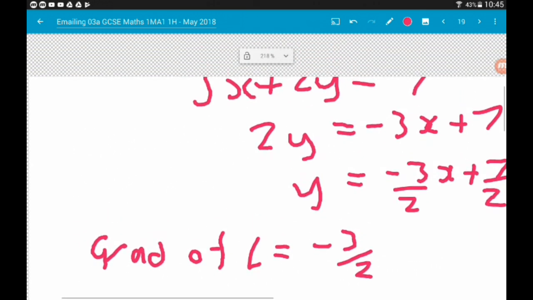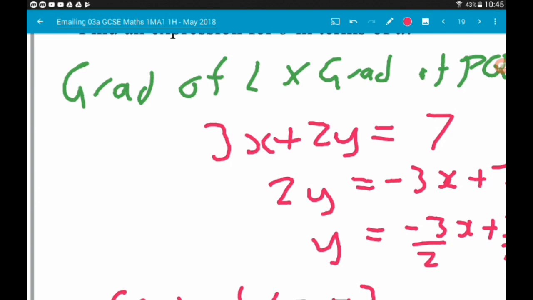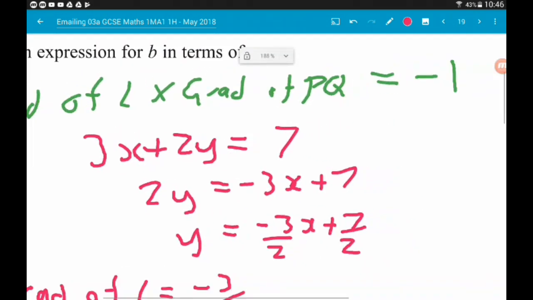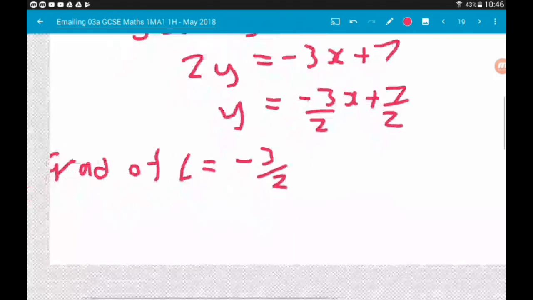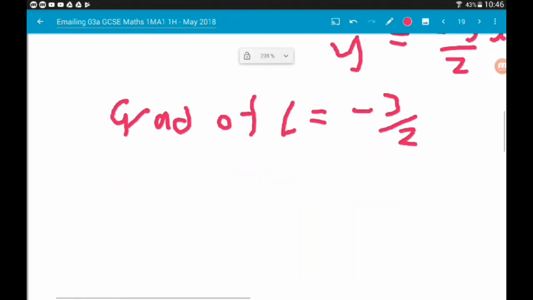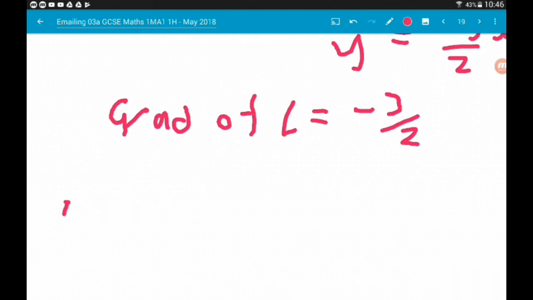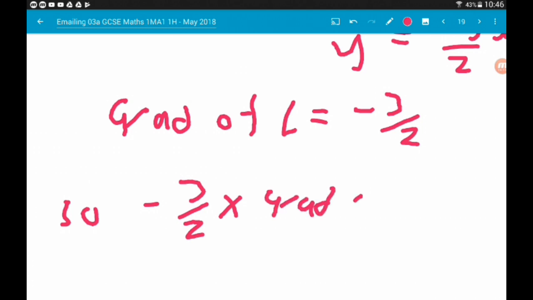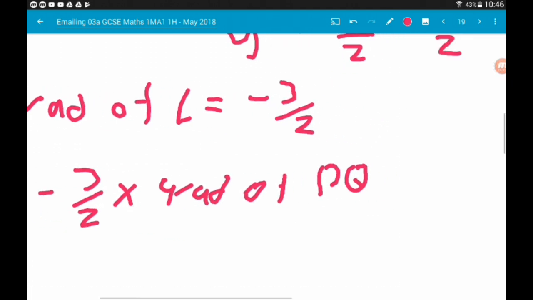So using the formula up above, gradient of L times the gradient of PQ is equal to minus 1. So minus 3 halves times the gradient of PQ is equal to minus 1.